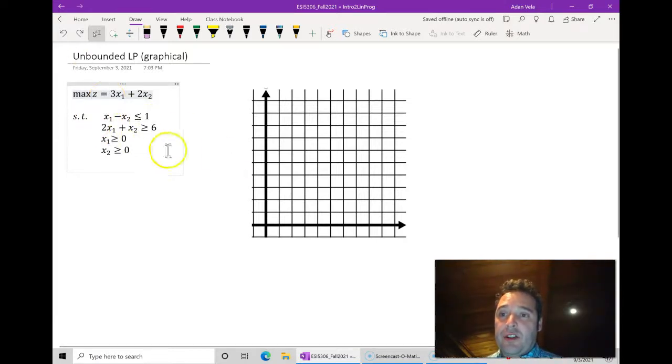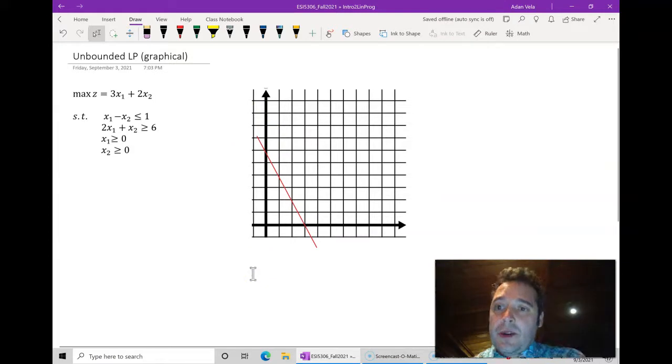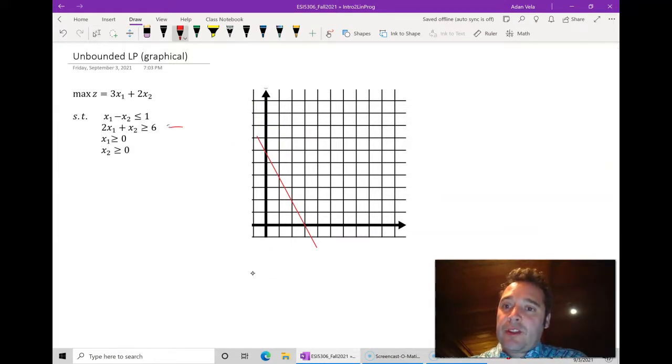So let's go ahead and draw in these constraints. I think the first one goes up to 6 here. Okay, so there's our first constraint.